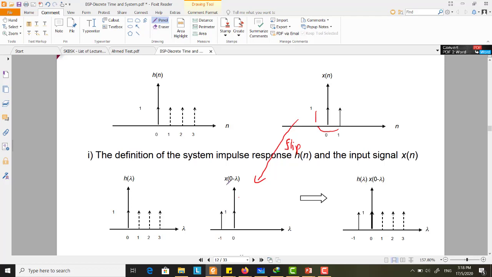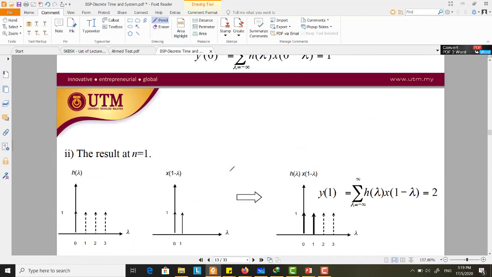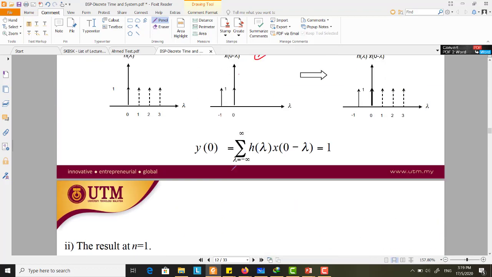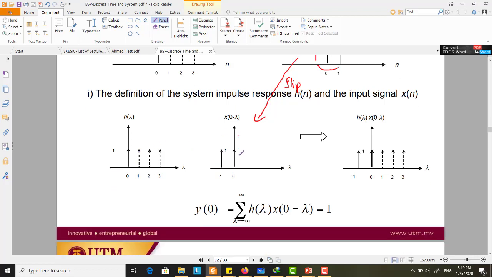Once you finish flipping the signal, you will do sliding. You slide the one that you flipped. You can see that you overlap this signal and this signal, and that is where y[0] is.